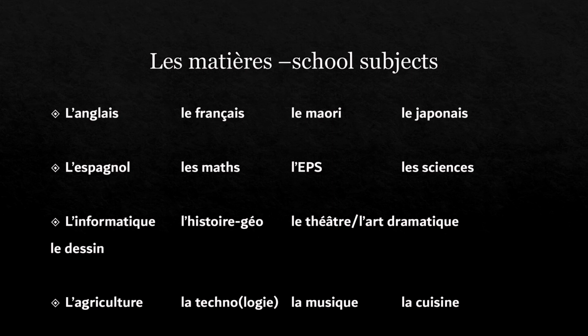Moving across, we have l'histoire géo. Now, lots of people, I find, over the years, turn histoire into history to try and be a bit more English. It really isn't. It's l'histoire. And then for our geo bit, we don't say geo, we say géo.